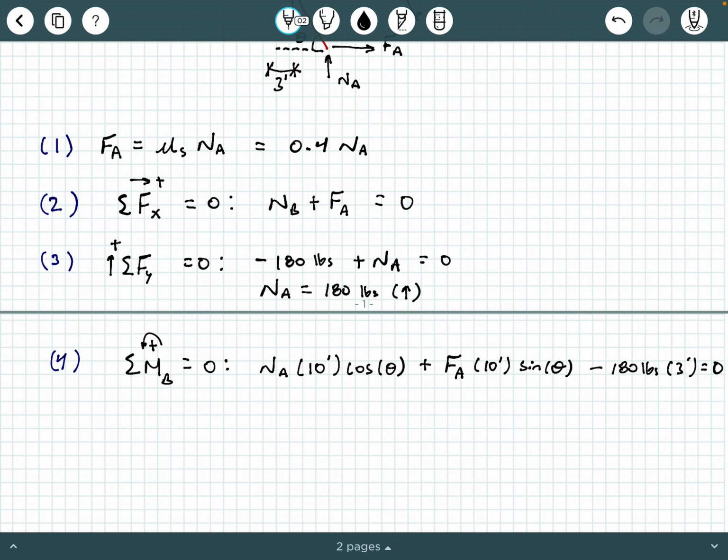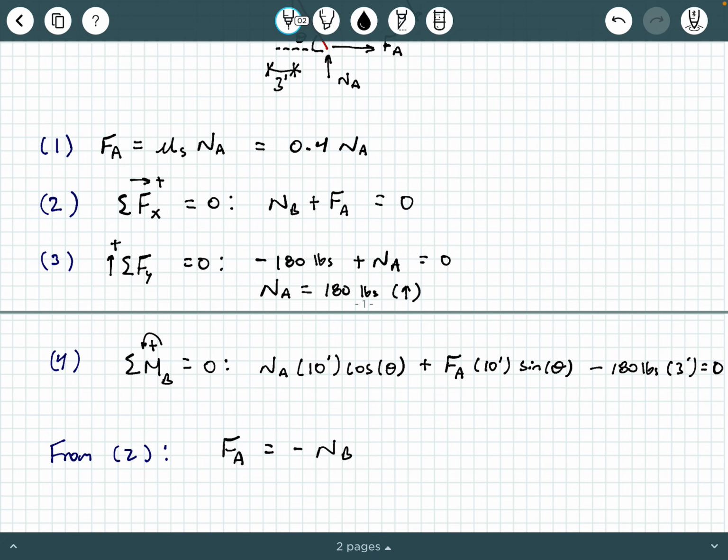So here we go. We've got all of these equations set up, and we have them related properly, so we can start solving for things. Well, we already solved for NA is 180 pounds. Now, how about we go ahead and solve for FA, right? So let's say from equation 2, we can say FA equals negative NB.